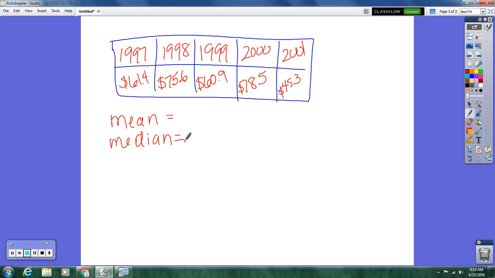There's no mode. Okay, put those in your calculator and find the mean and median. Everybody gets to do it now.